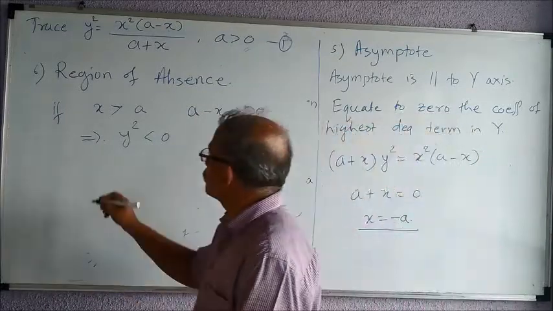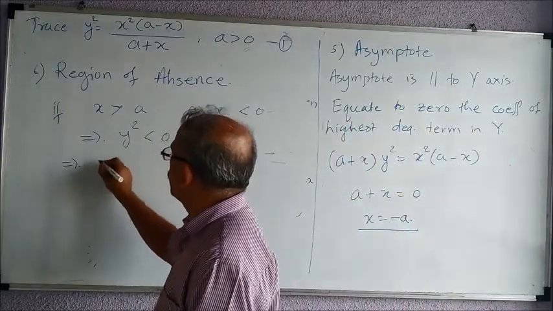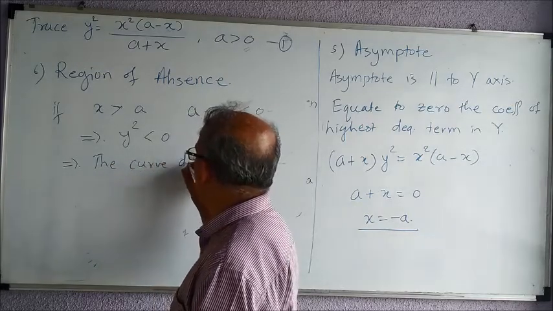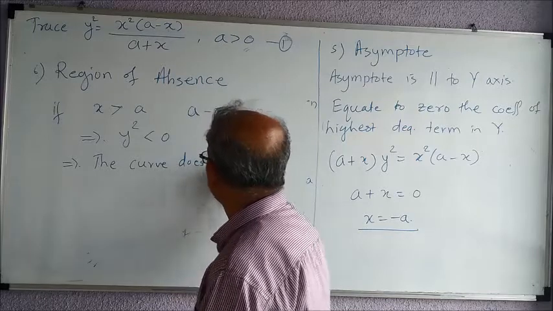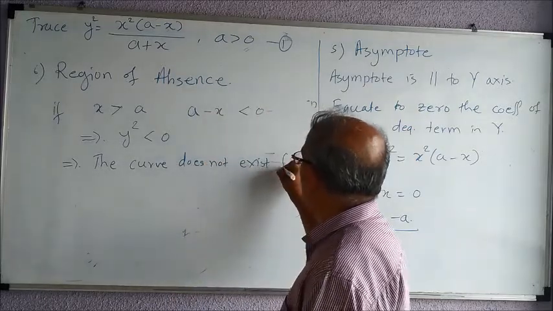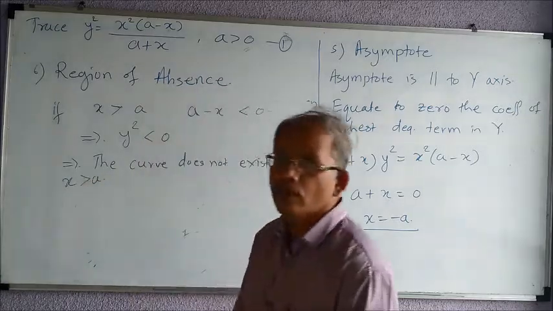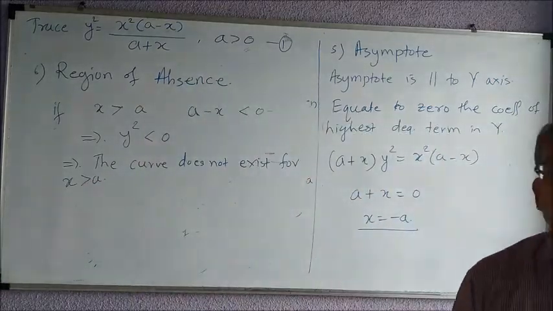So this implies the curve does not exist for x greater than a. So now we got the limit.